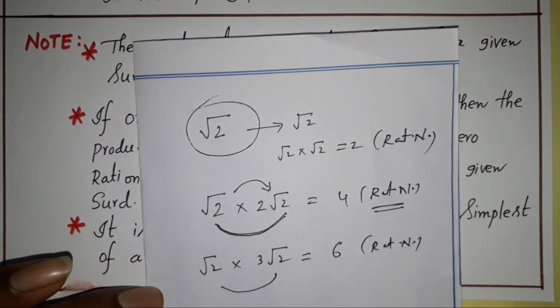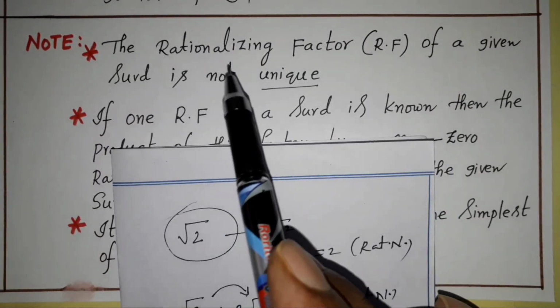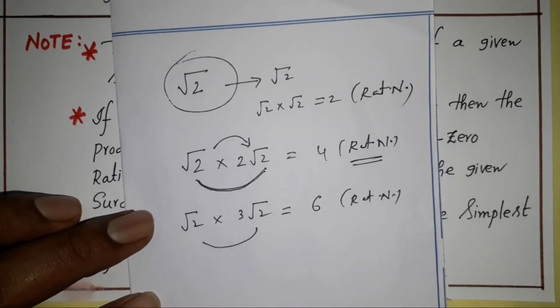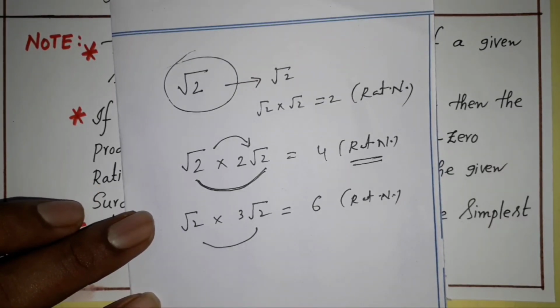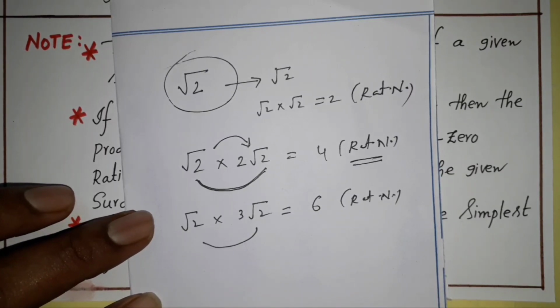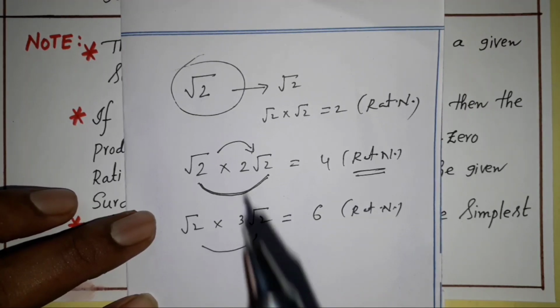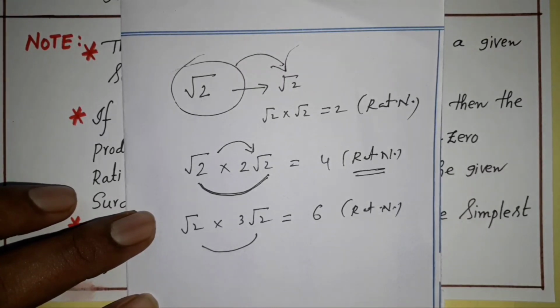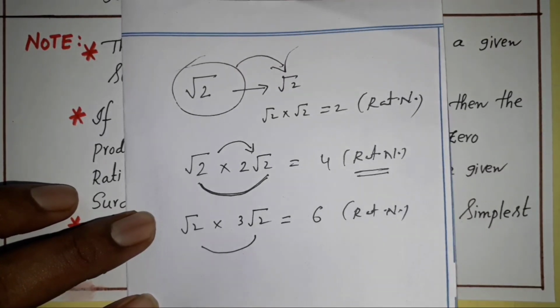That's why I told you the rationalizing factor of a given surd is not unique, but always we take the rationalizing factor of a given surd in simplest form. The simplest rationalizing factor we consider. Suppose for root 2, root 2 is the simplest rationalizing factor. It is very convenient for us.